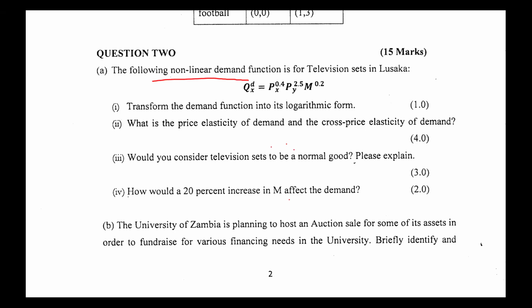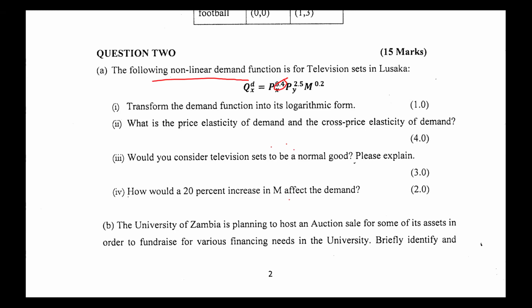What it means when we say a function is non-linear, that simply means the function has the coefficients, because these are coefficients. The coefficients of the function are raised as the exponents. So when you have such a function, it is a non-linear function.